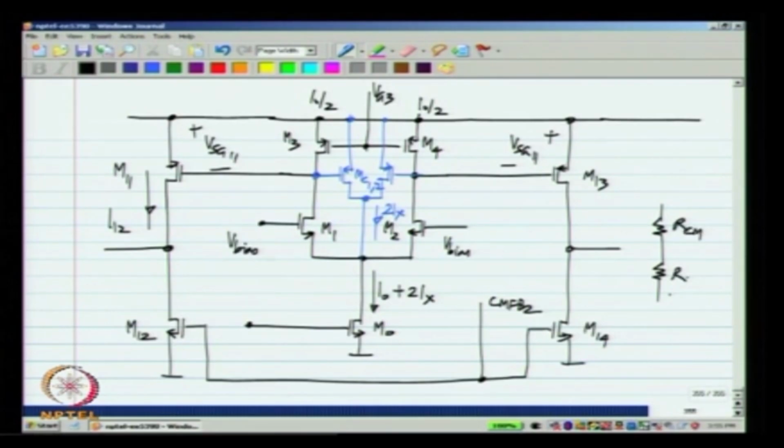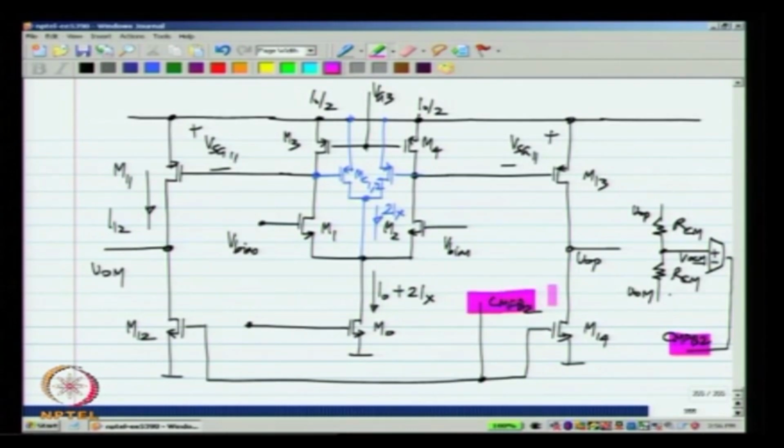And that we do in the usual way by using a resistive common mode detector, comparing the output to some desired VOCM and feeding it back to CMFB2. Okay. So, this is the same as that one.